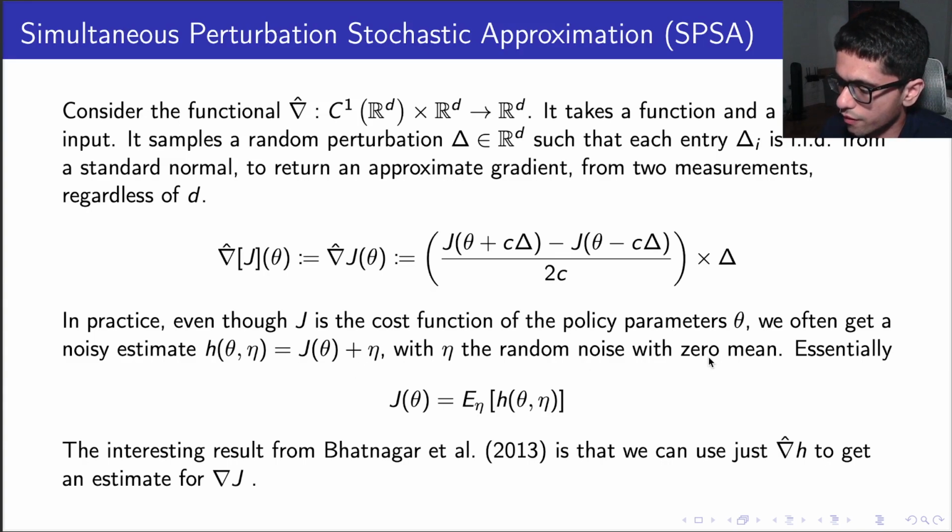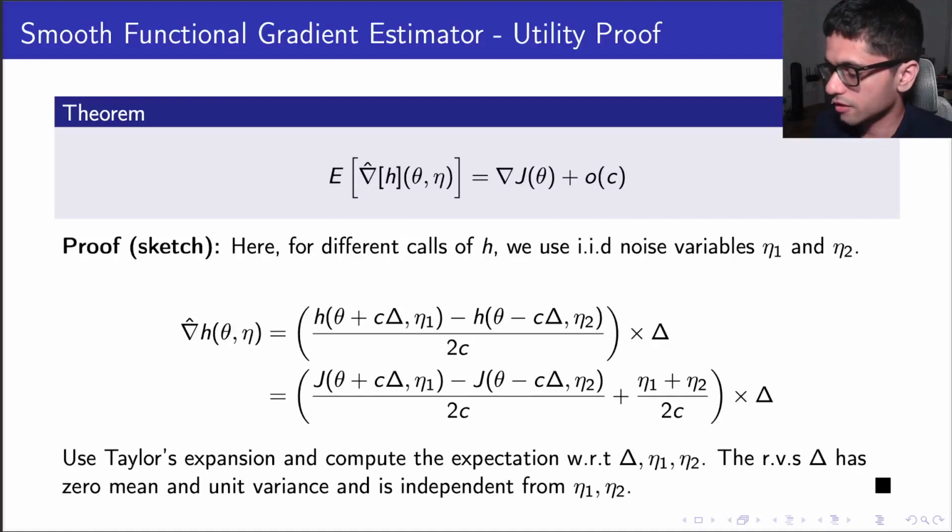And then essentially, taking the expectation over this noise variable, we retrieve the on average cost function, the reward function. An interesting result from the professor's paper from 2013 says that we can essentially use grad hat H to get an estimate for grad J at theta. So where is all of this headed to anyway?